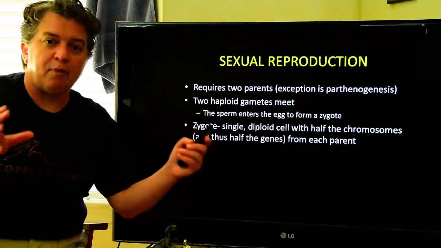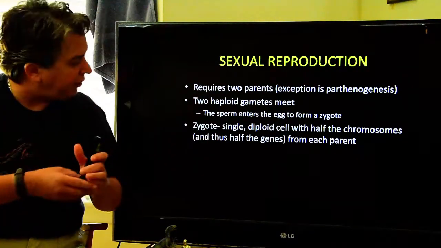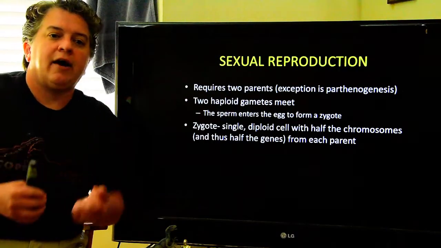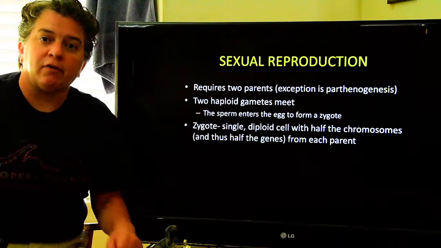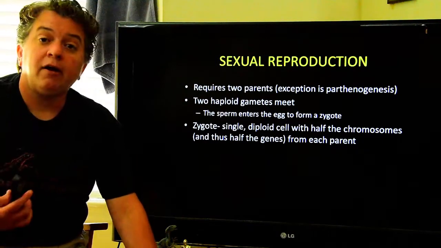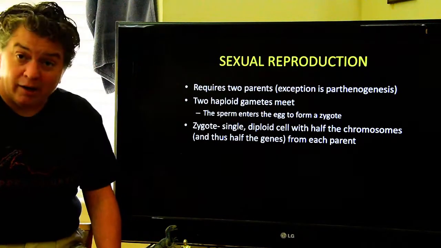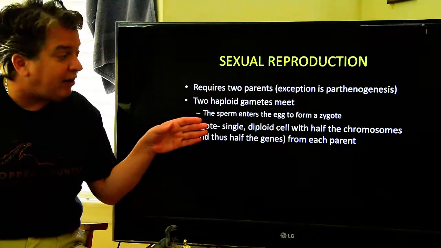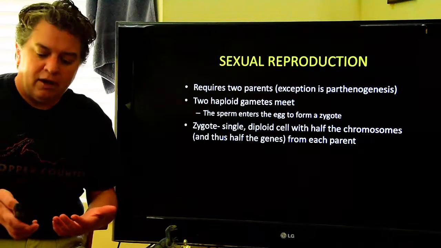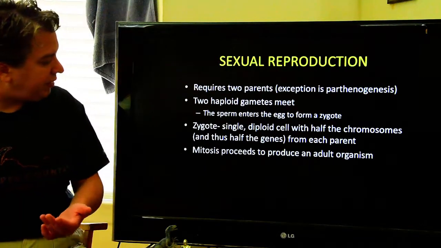So these two haploid cells come together, form the zygote, and now have formed a diploid cell, the typical cell that makes up the majority of the cells in your body. And because we got half of the genetic code from each parent, that provides some genetic variability.